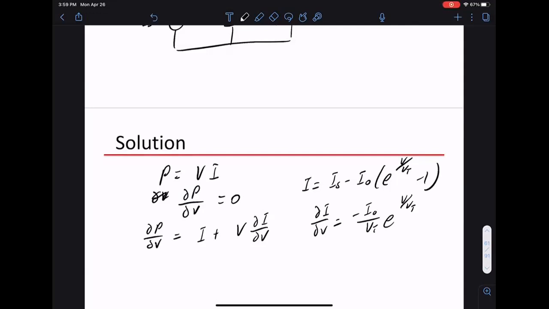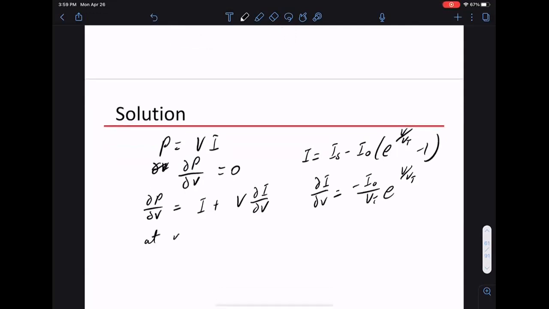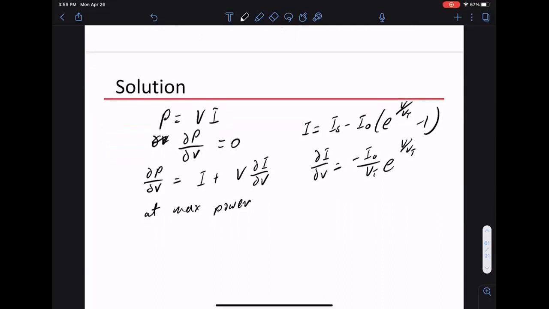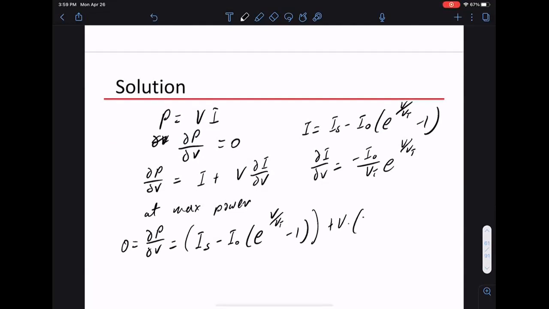So at maximum power, we want to set this derivative to 0. So we have 0 equals Is minus I0 e to the V over Vt minus 1, plus V times dI/dV. We want to get this thing to be 0. We want to solve this equation to get it to be 0.